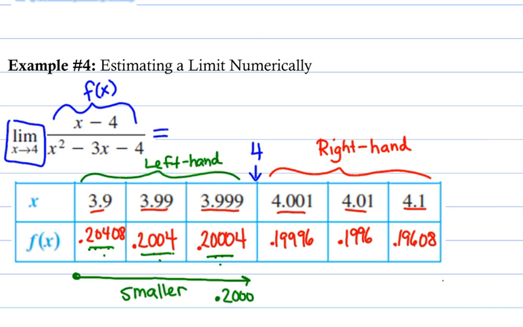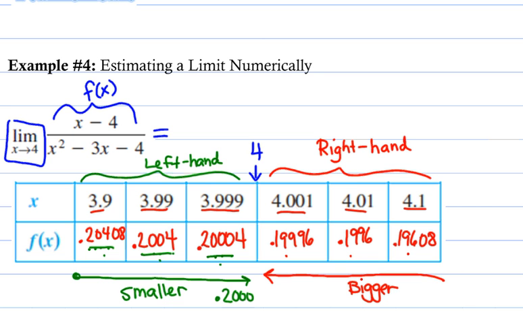From the right, start here. I'm going to move in and get closer to 4. I have to make the same observation. As I come in from the right, what is happening to these numbers? So let's see, I have 1960, 1996, and 1999. These numbers are getting bigger. And as they're getting bigger, what number do they appear to be getting closer to?